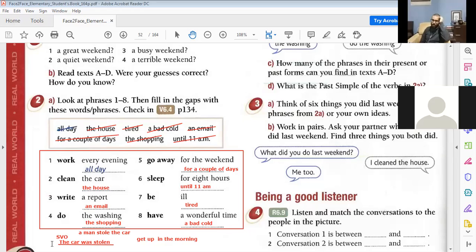The car was stolen. The window was broken. The man was arrested. The child was born. مثلا she was born، هذه تعتبر مبنية للمجهول.